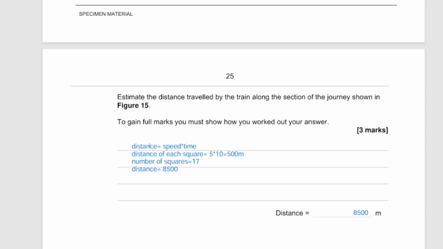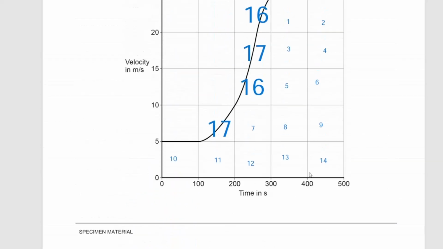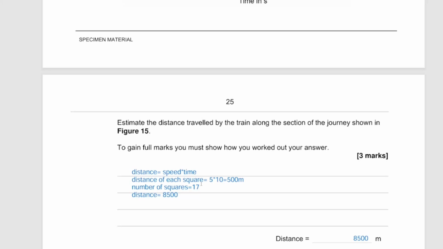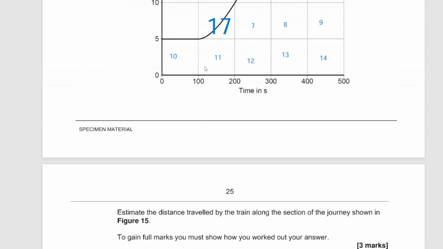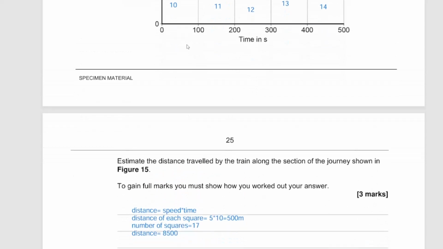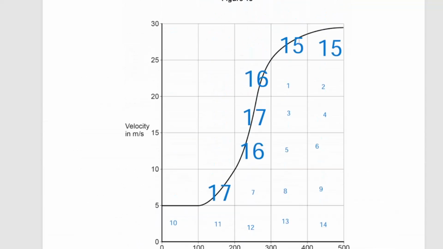Well, distance is speed times time. Therefore, distance is equal to the area under the graph. And you can work out the distance that each square is equal to by multiplying the time and the speed. So then you get a distance of 500 meters per square, and then you just count the number of squares. I've done a couple of bundlings here.